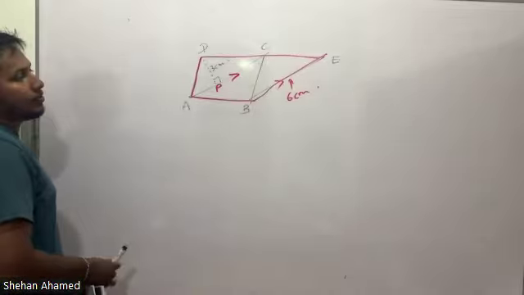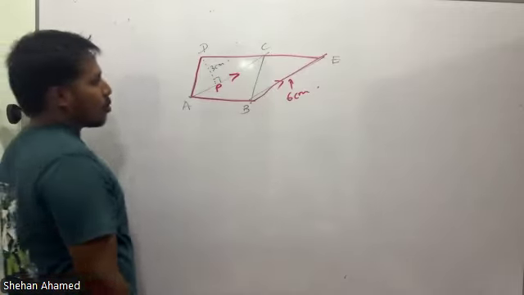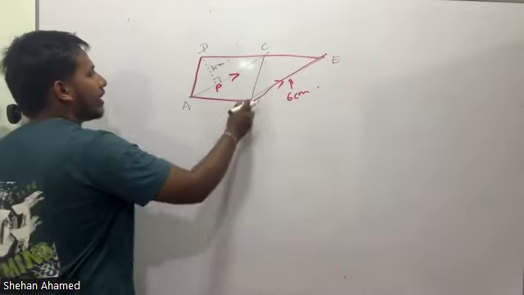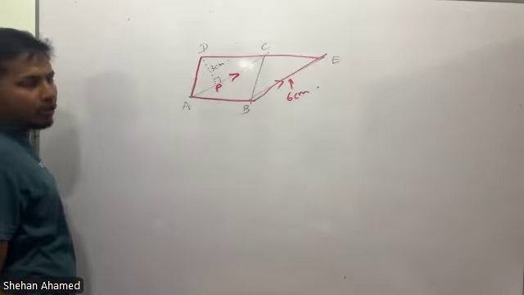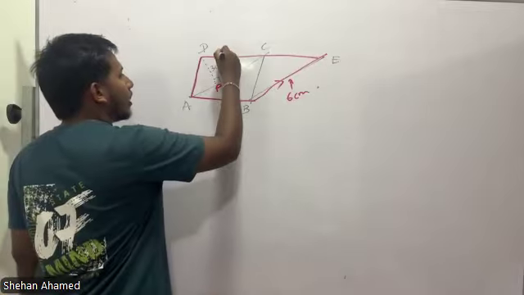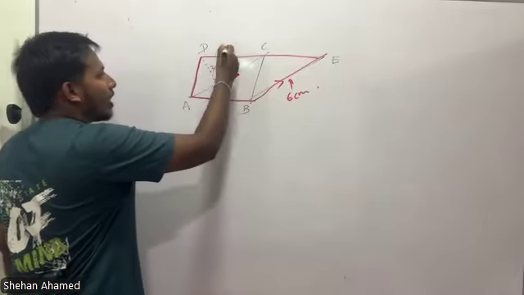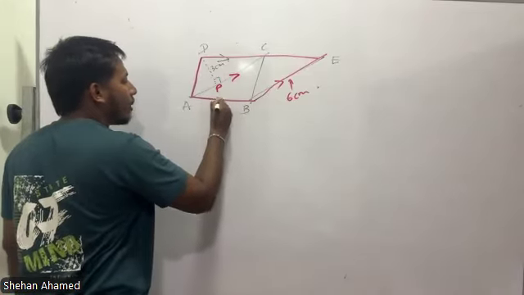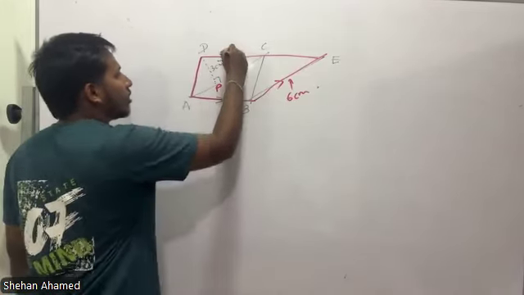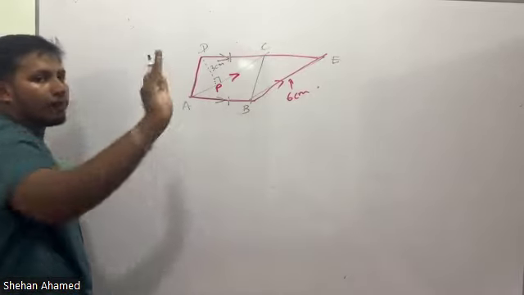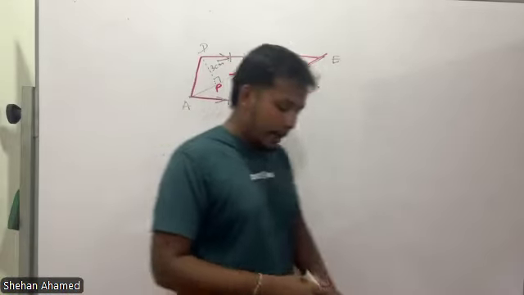Now here, what you're going to do, they are clearly telling that ABCD is a parallelogram. It means this side is parallel to this side as well as equal. Remember, parallelograms have opposite sides equal and parallel.